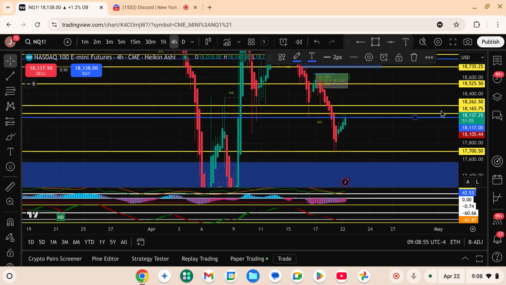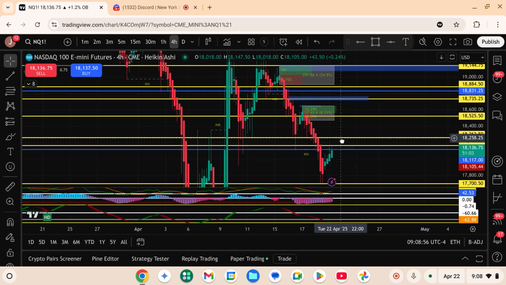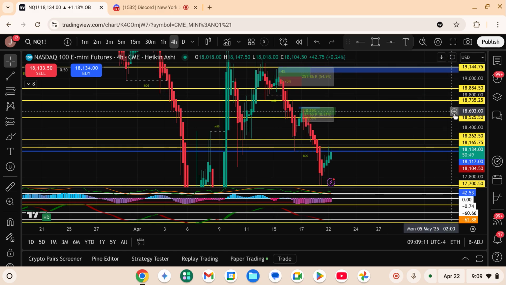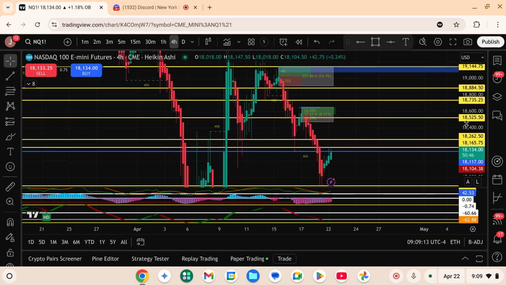I got a lot of zones that I didn't take off yet. Hold on. Let me get rid of some of these, like this box here. I didn't notice until I started zooming out. So let me get rid of this. Let me get rid of this blue line here. Let me get rid of this box here. That line.